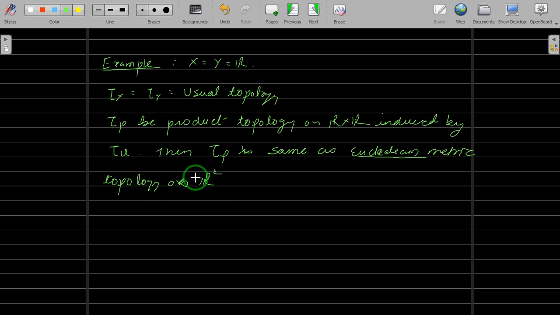You know what is R2? R2 is R cross R. So here we are taking R cross R with the product topology, and take the Euclidean metric topology on R2. And in that case, both the topologies will be the same.